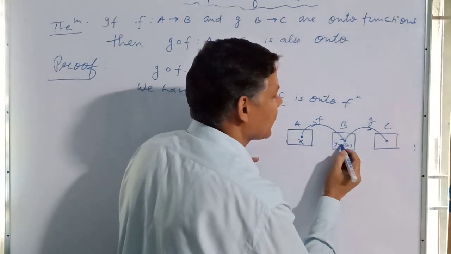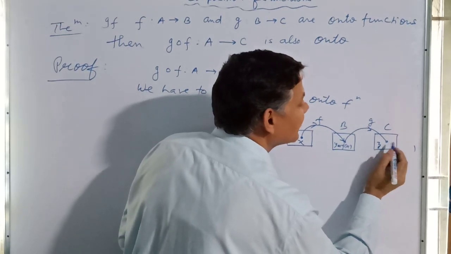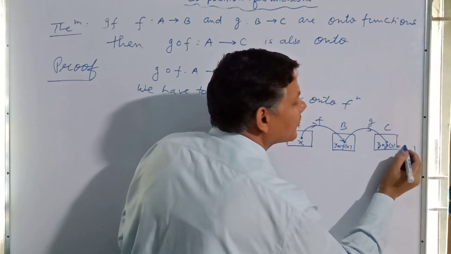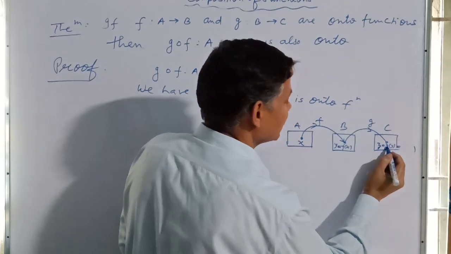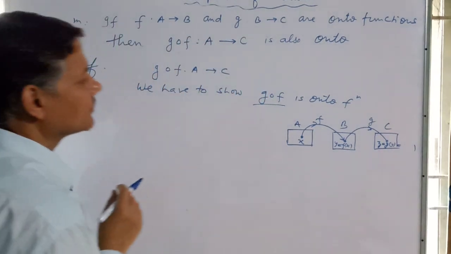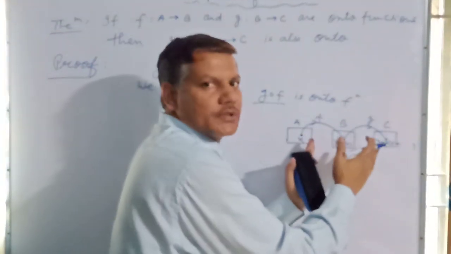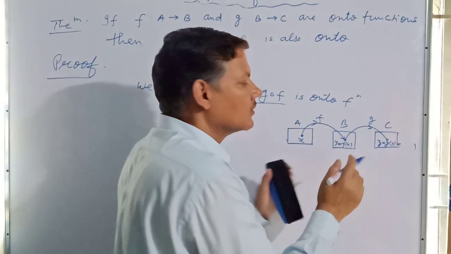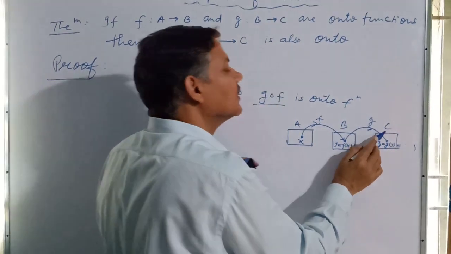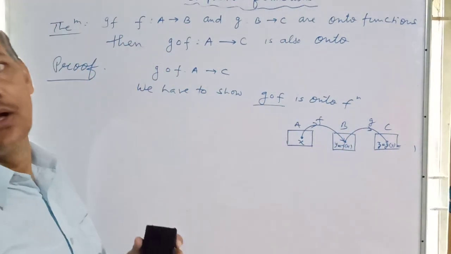So it is y, and it is equal to, that is either we take z equal to g y, and it is also equal to, at the place of y we put f x. Okay, so this is the situation. So what we have to show is that this whole composition is onto. We take any element of C, and when we show there exists a pre-image of that element in A, then we say it is an onto function.